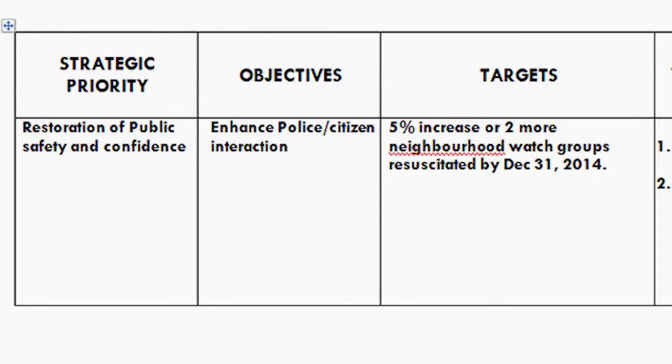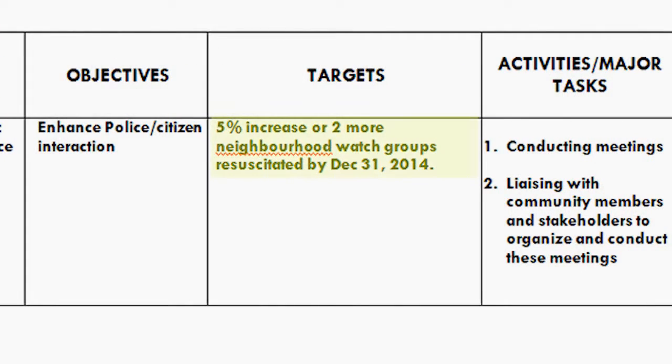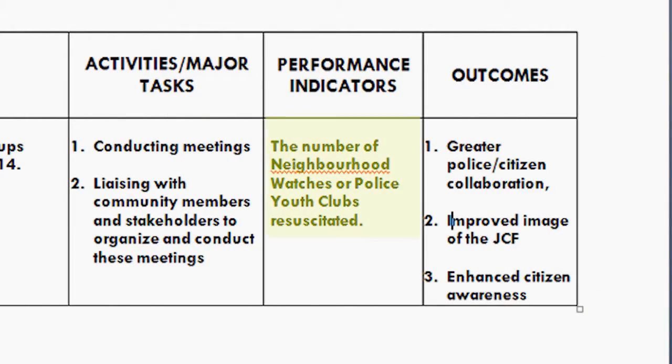Corresponding targets to this objective would include 5% increase or 2 more neighborhood watch groups resuscitated by December 31st, 2014. The same could be said about the police youth club. The performance indicator would be the number of neighborhood watches or police youth clubs resuscitated.